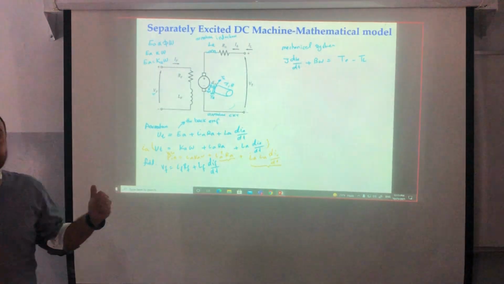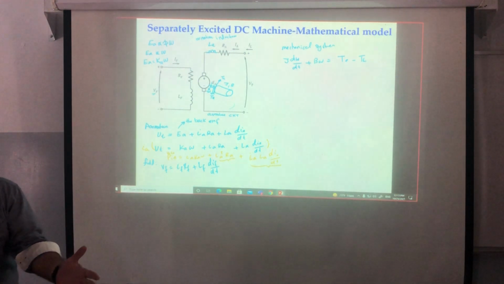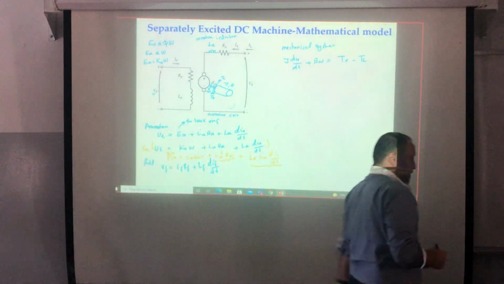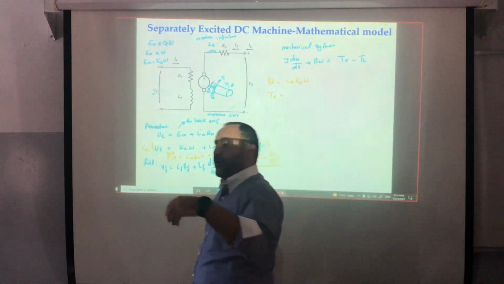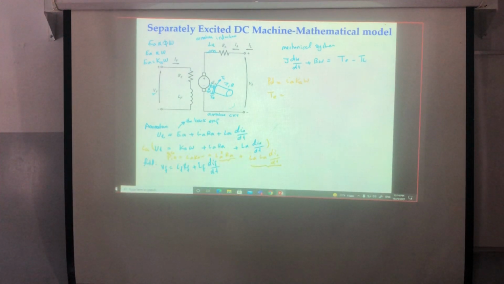So this one can be seen as the power developed. From here I can say that the power developed, or the power that will be converted to mechanical power, is nothing more than IA KA omega. Now, the power developed is what?